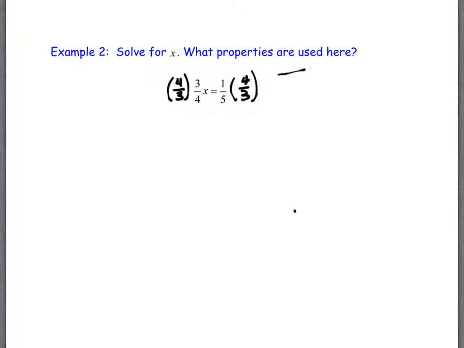Number one, I'm using the multiplicative inverse property. That's how I chose the 4/3. And then I'm also using the multiplication property of equality. That's what allows me to multiply both sides. So there's 2 properties that I used all in the same step.